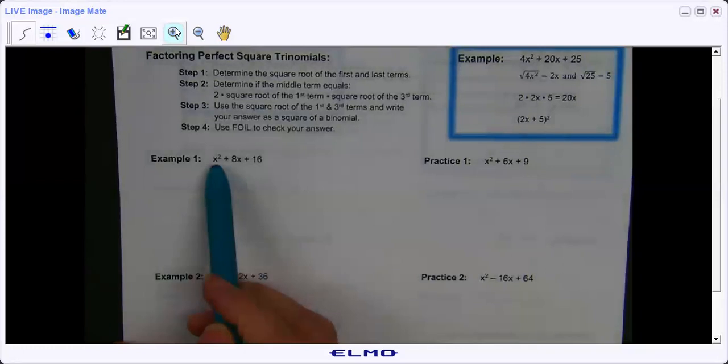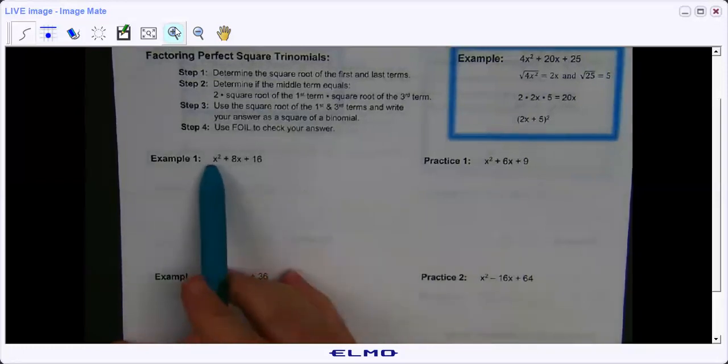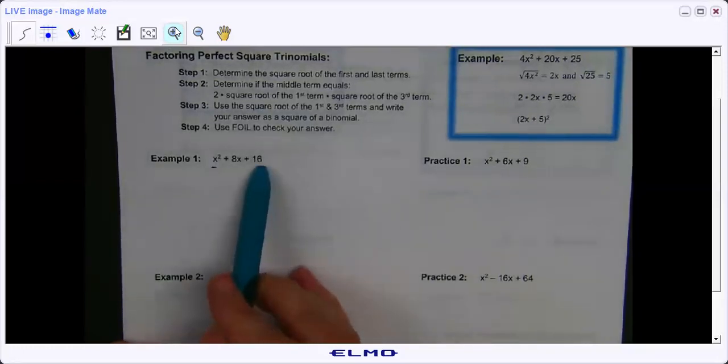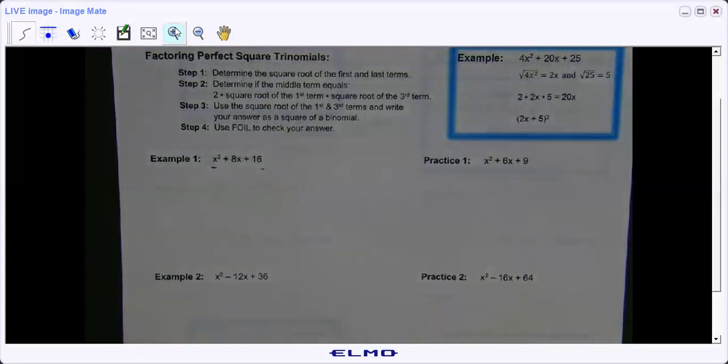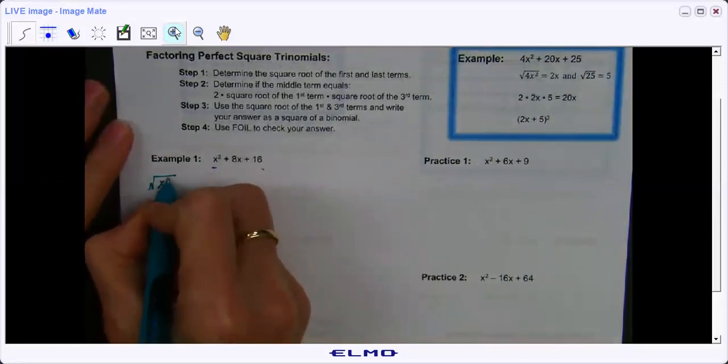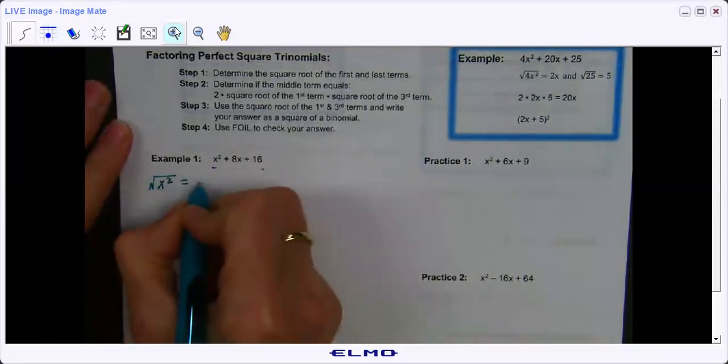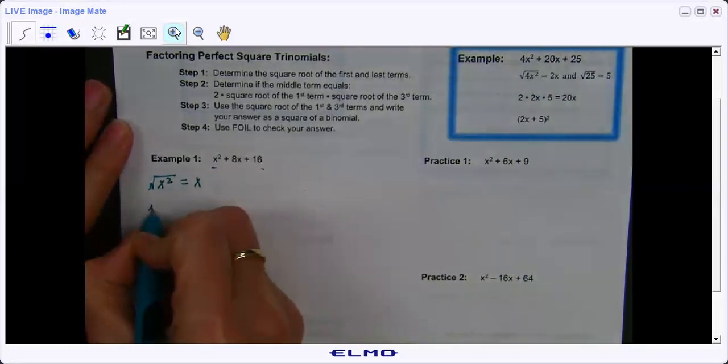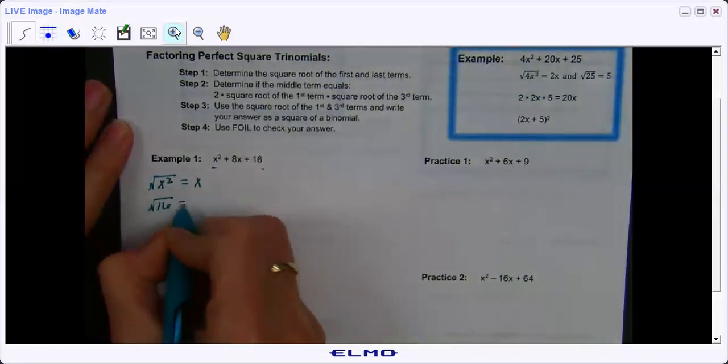I'm looking at my first term, x squared, and my third term, 16, and I realize they're both perfect squares. The square root of x squared is x, and the square root of 16 is 4.